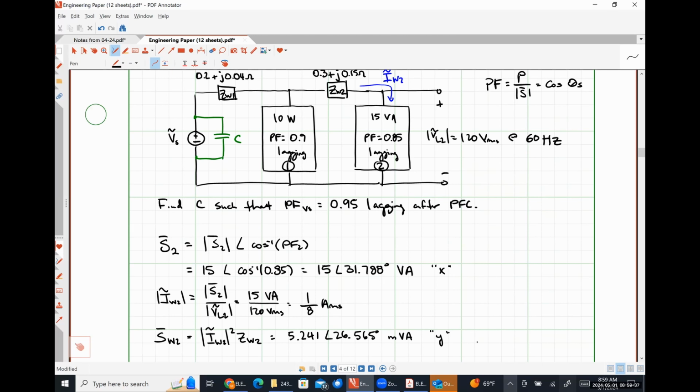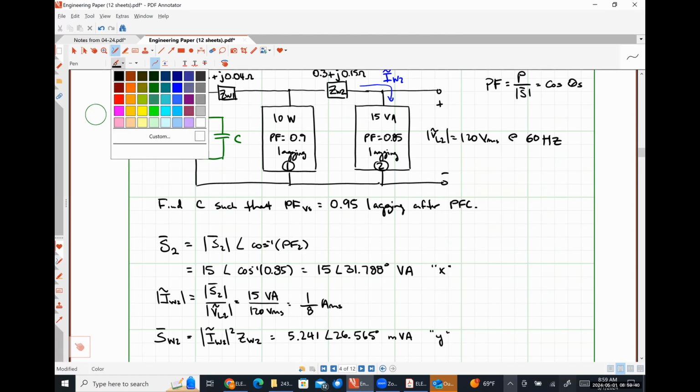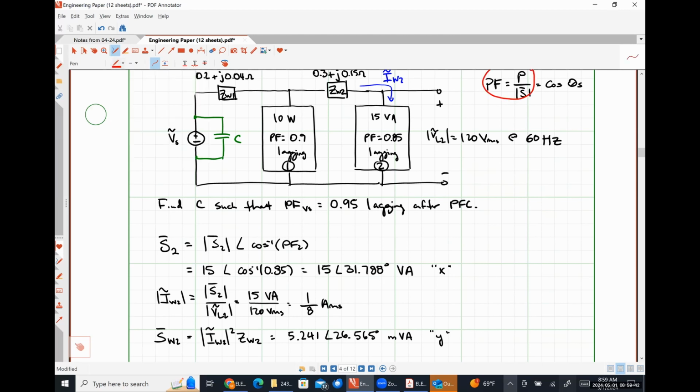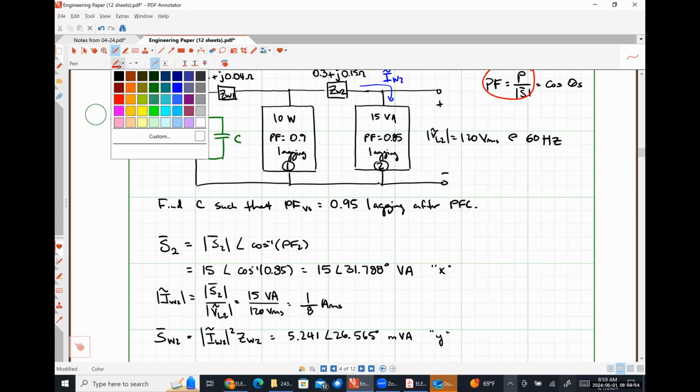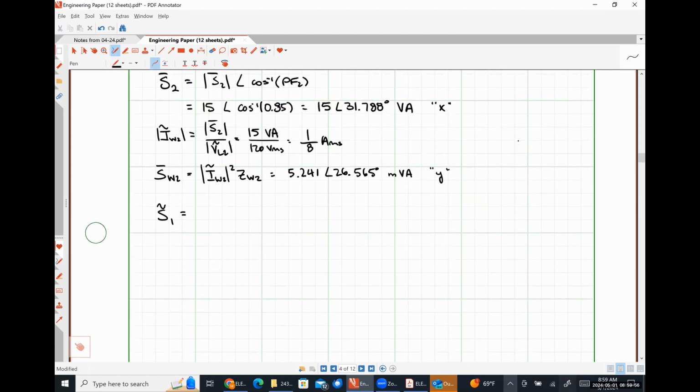So I would argue that we could rearrange this relationship right here in order to find apparent power. And then we're going to find our power factor angle the exact same way that we did previously, inverse cosine of power factor, right? So this should be nothing more than P1 divided by power factor 1 with an angle of the inverse cosine of the power factor of load 1.